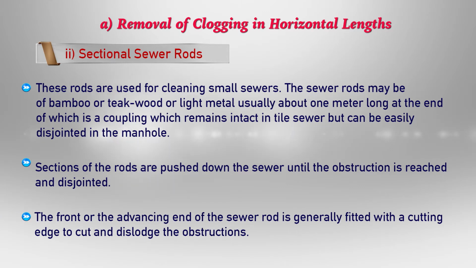The front or advancing end of the sewer rod is generally fitted with a cutting edge to cut and dislodge the obstruction. These rods are also useful to locate the obstruction from either manhole in case that particular portion of the sewer has to be exposed for repairing the damages.